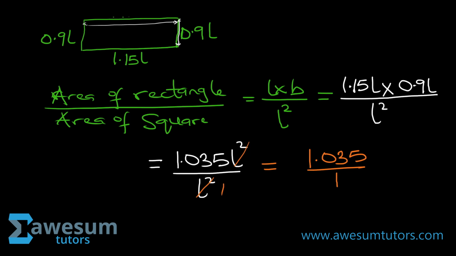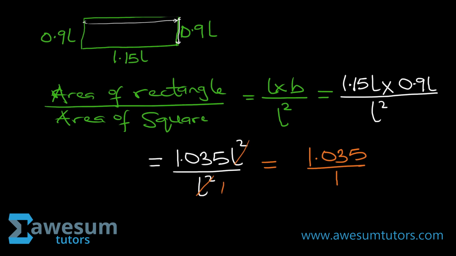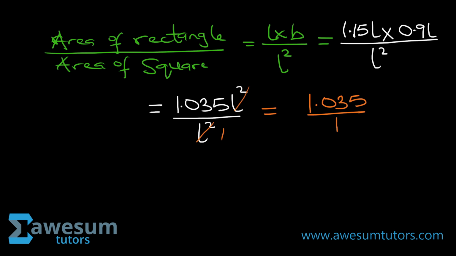1.035 over 1. Remember that we are talking about ratio, so that tells me that the ratio of area of rectangle to area of a square is 1.035 ratio 1.